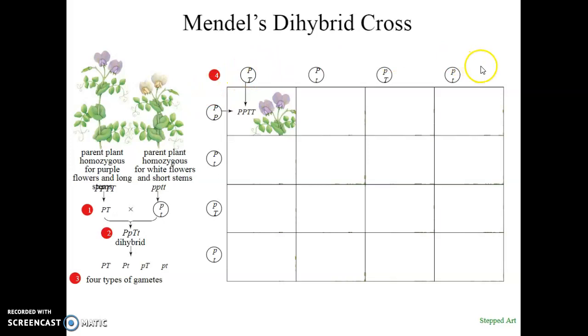So one parent's genotype up here, the other over here. They're both dihybrids to start, so they have the same letter combinations here. Alright, so when we map it out, we're just, again, filling in the Punnett square as usual. And we end up with a 1/16th chance that you'll get a double recessive.